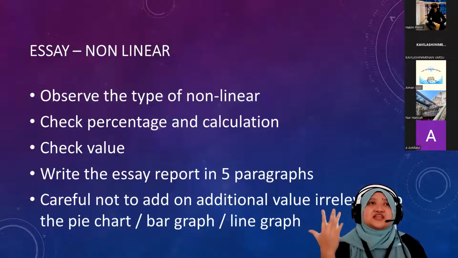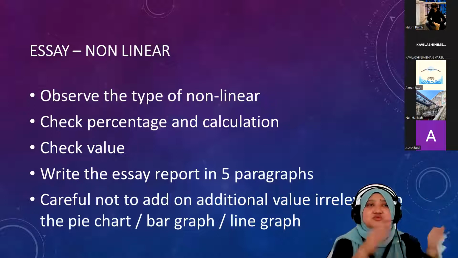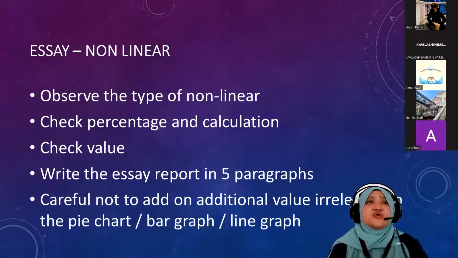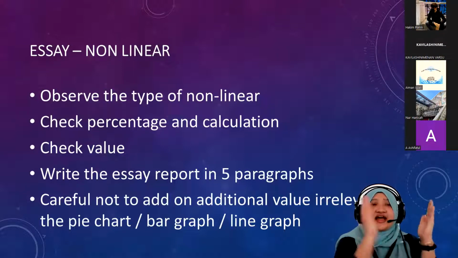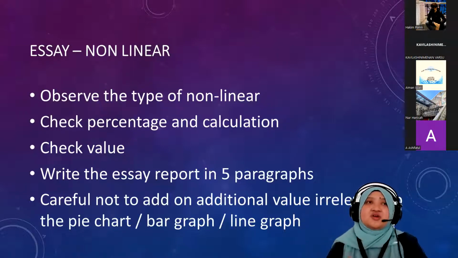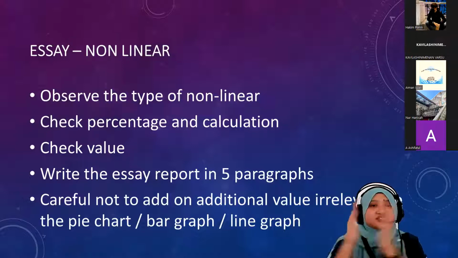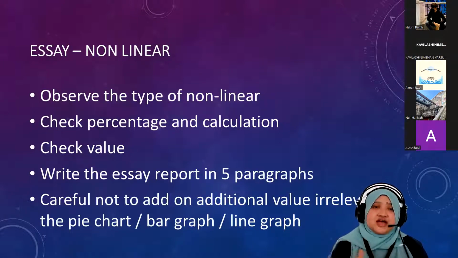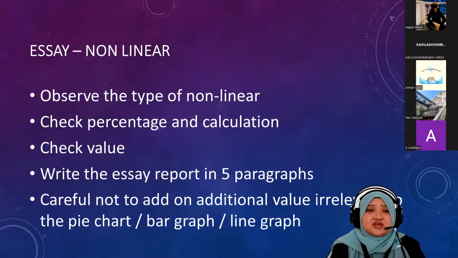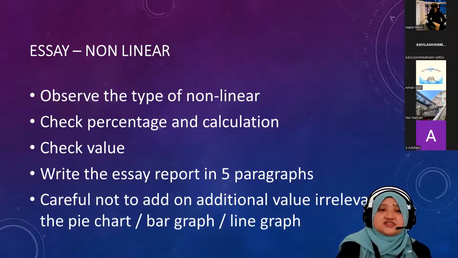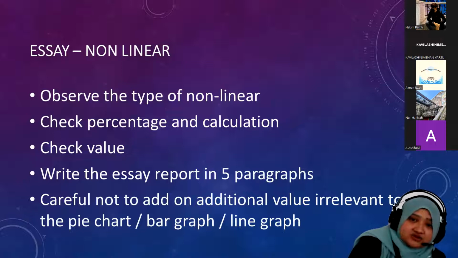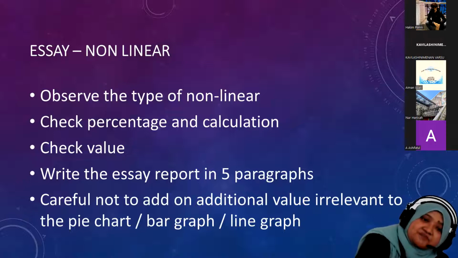So you can cluster them into highest value, middle value, lowest value, or you can make comparison between highest, lowest, middle, or you can go by lowest to highest to lowest. Okay, so up to your style in writing of the report. And lastly, conclusion. Just to be careful not to add any additional value that is irrelevant to the pie chart.